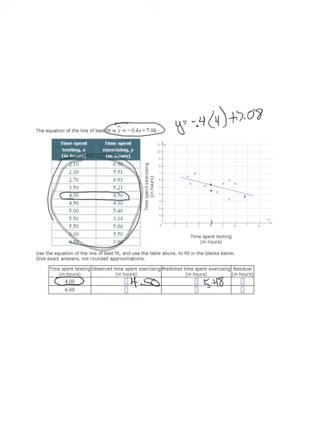If I go over, that looks to be really close to 5.5, so 5.48. The residual value is going to be the observed value minus the predicted. So in this case, I would get a negative 0.98.